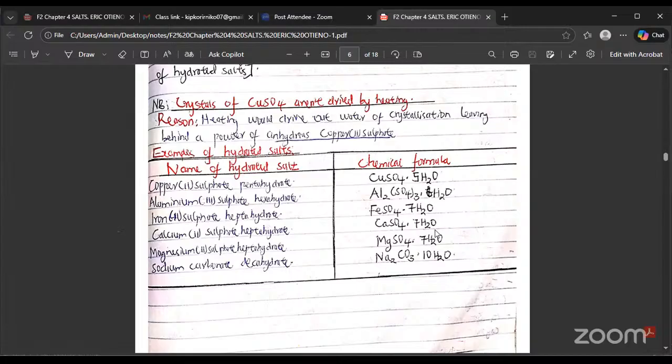How were you normally told, for example, when you were doing practicals in the other years? Were you told it is copper 2 sulfate, or hydrated copper 2 sulfate, or copper 2 sulfate pentahydrate?